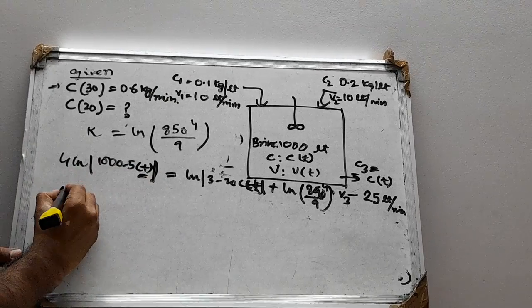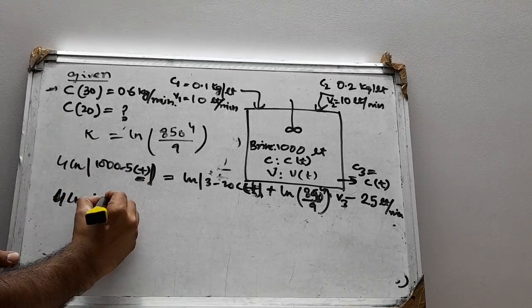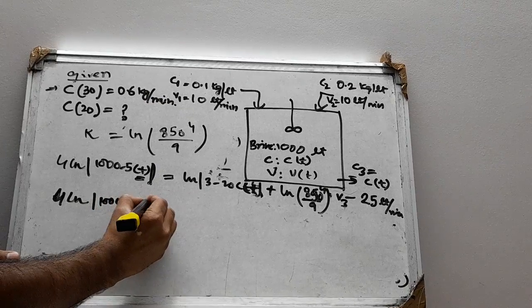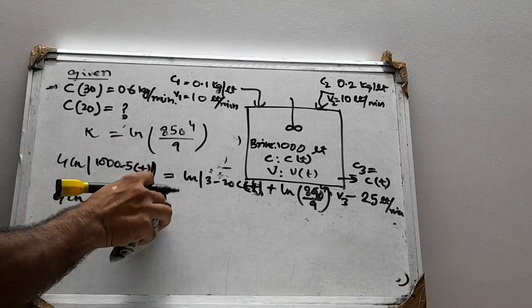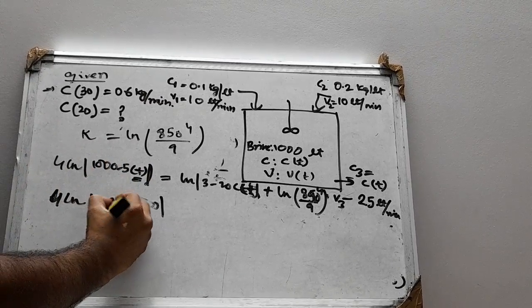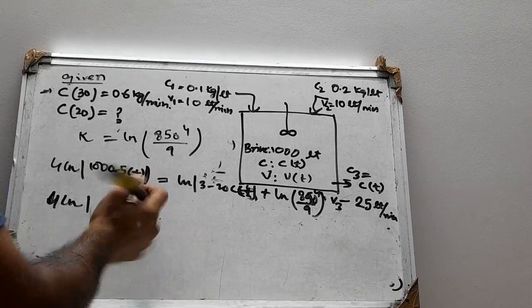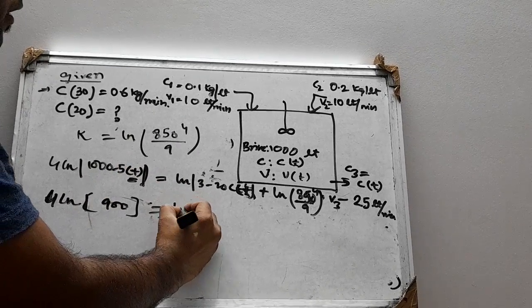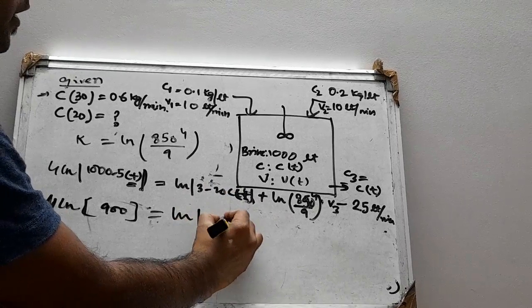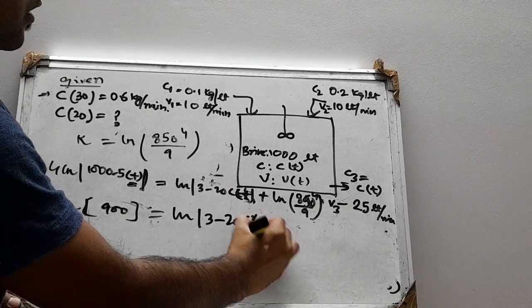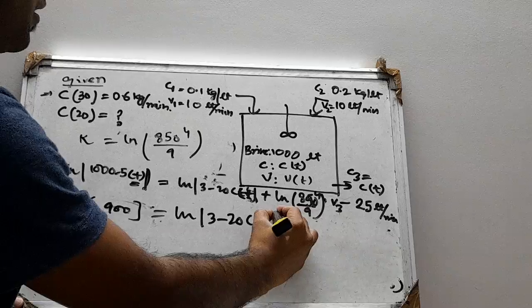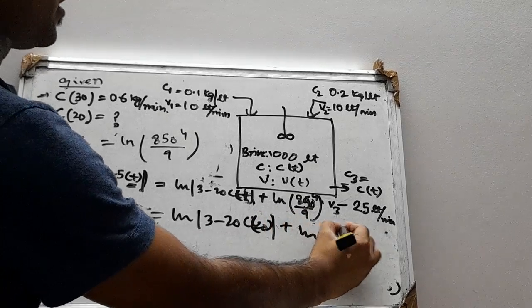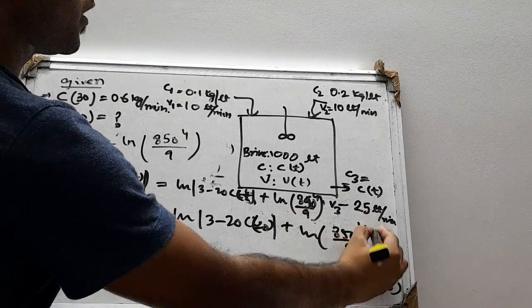So 4 ln mod 1000 minus 5 into 20, that will give us 900. Since this is a positive number, we can just ignore the mod. Similarly, this should remain positive, minus 20 C20 plus ln 850 raised to power 4 over 9.